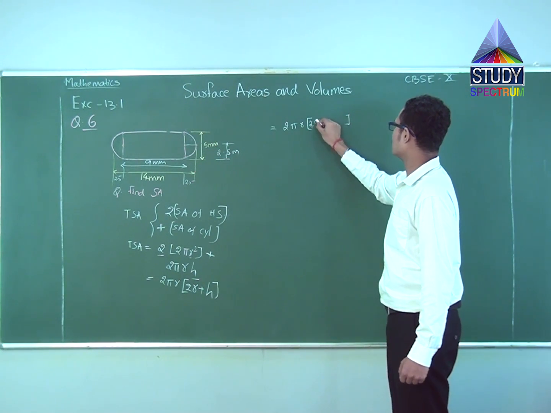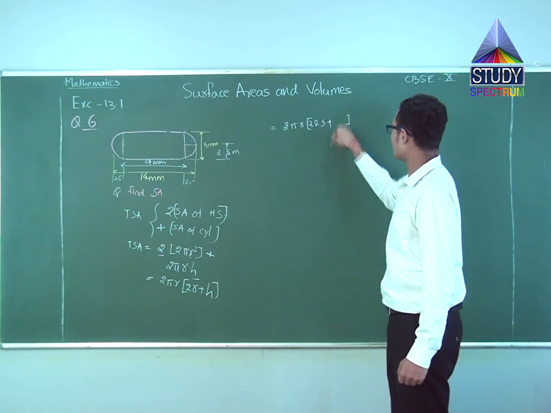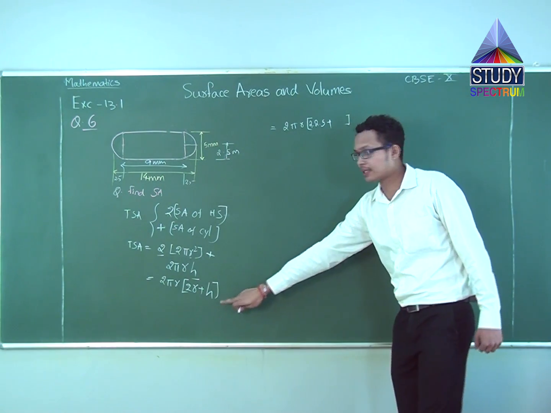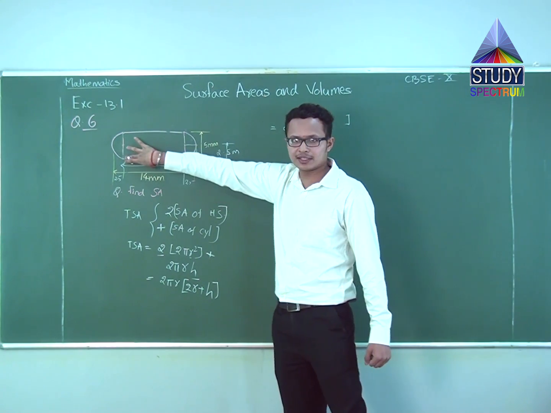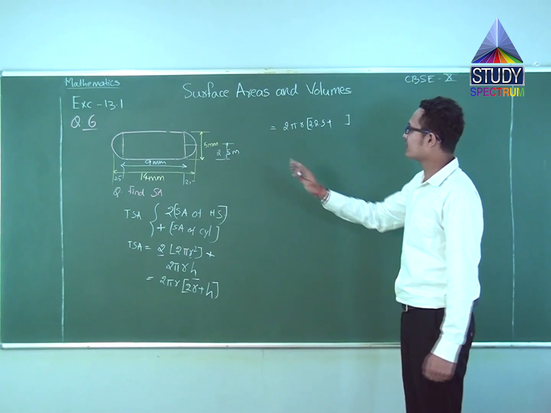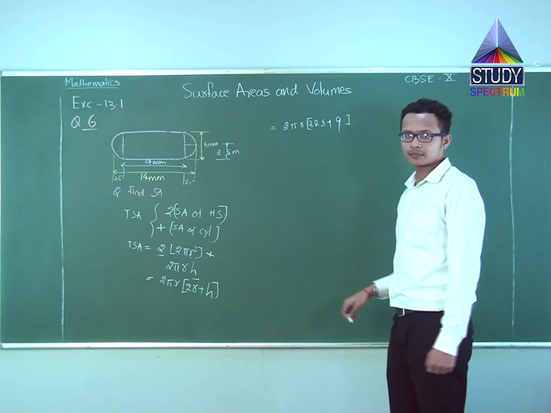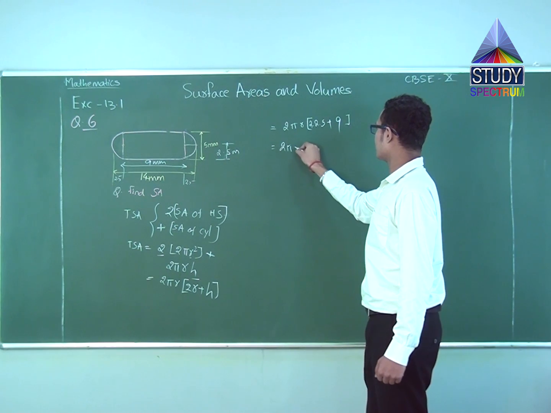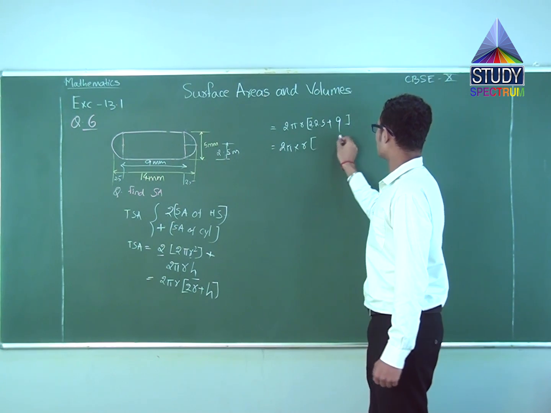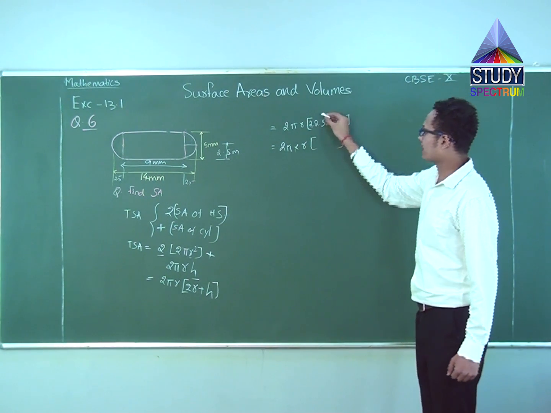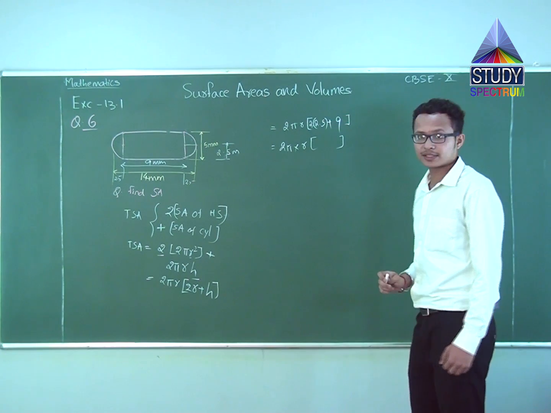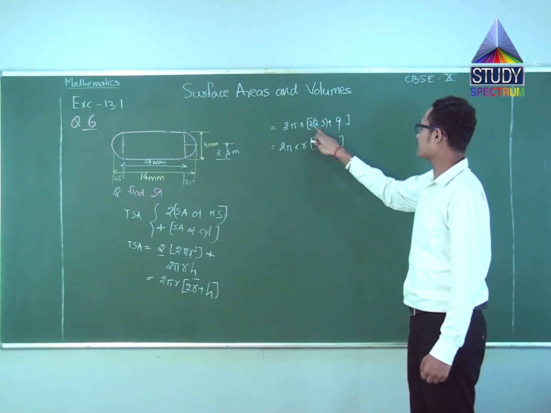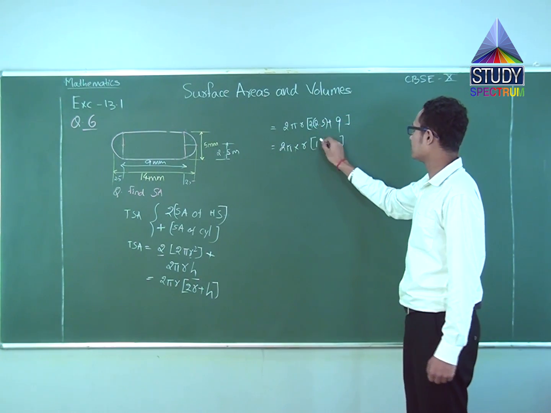Here h is height of the cylinder, which is 9. I'll just put this in brackets so that you understand it. 2 into 2.5 is 5. 5 plus 9 is 14.